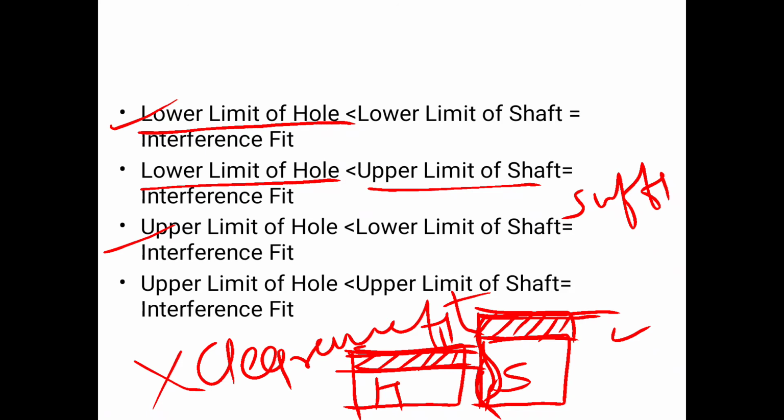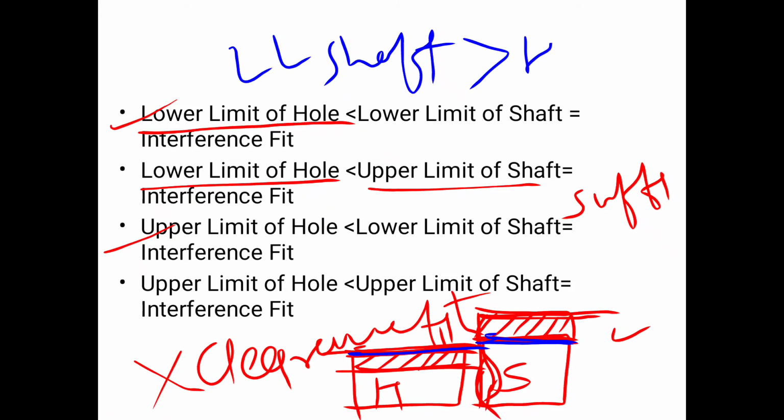The sufficient condition is that the lower limit of the shaft, this one I will note in another color, must be greater than the higher limit of the hole. Okay, lower limit of shaft must be greater than higher limit of hole. This is a sufficient condition where we will get interference fit.